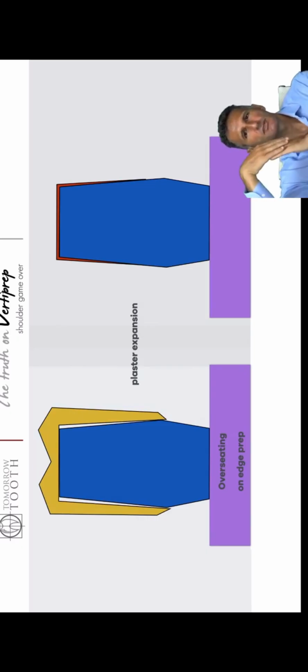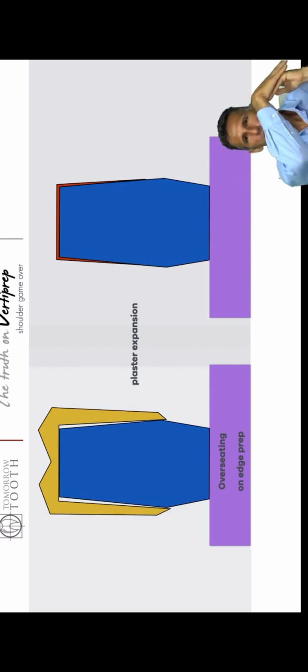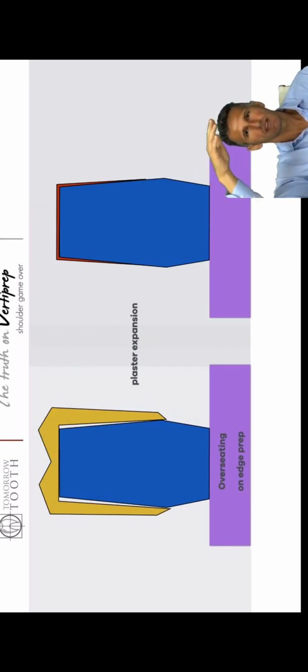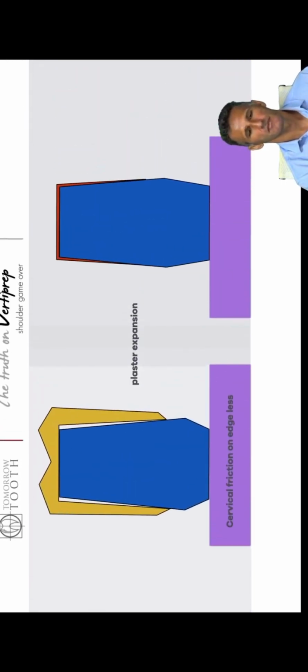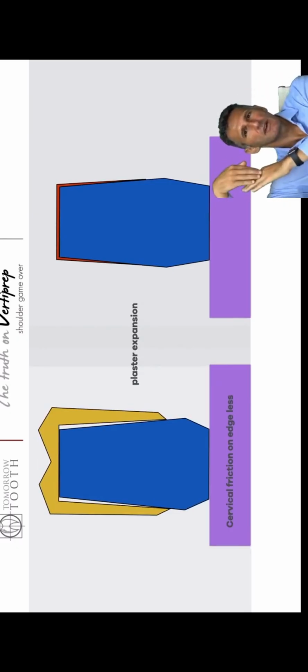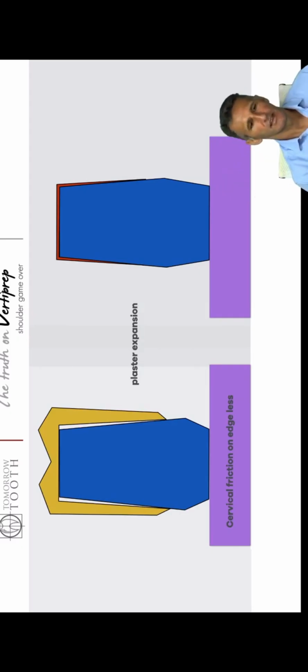Because there is no cervical stop on edge preparation, the cervical margin will move away in this way, and you will find the stop on the head of the abutment. But if you're working instead on edges preparation, like here, because the wall is longer, our margin will find another sort of friction. And when you do this, you will have a cervical friction.